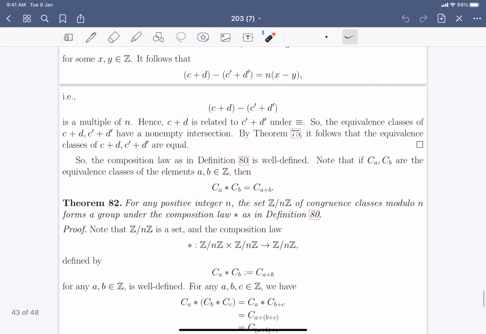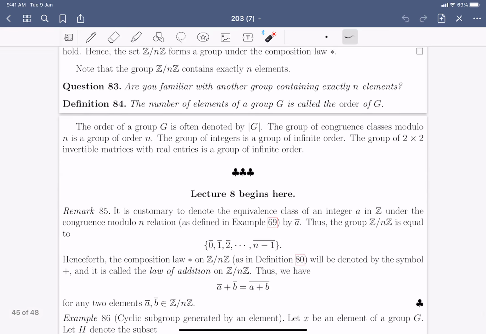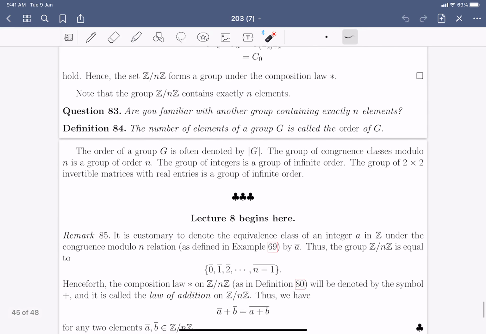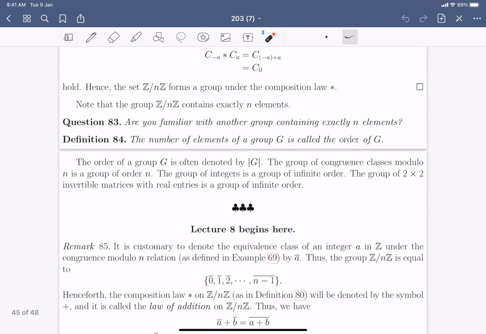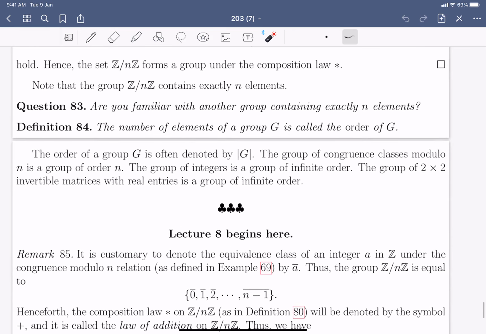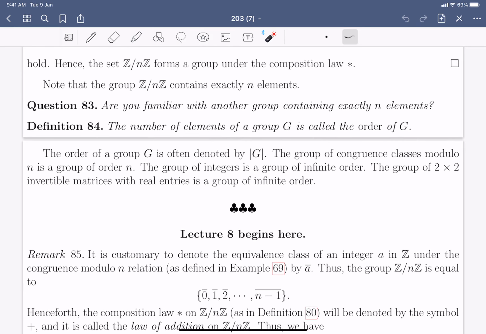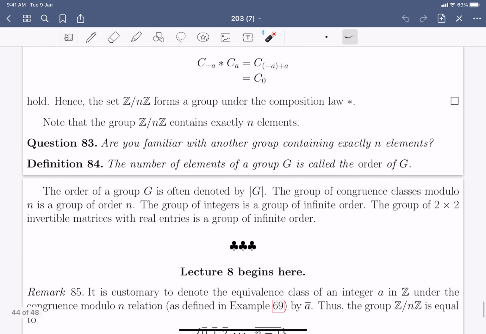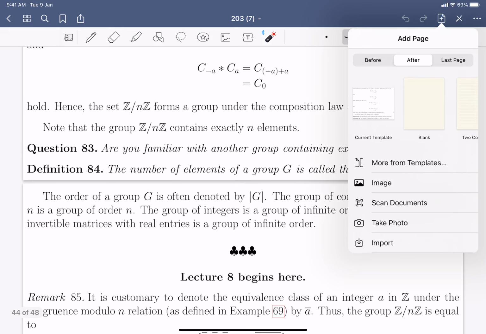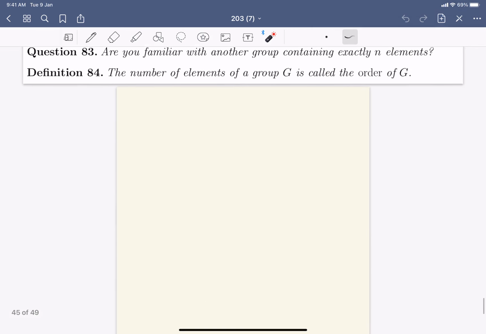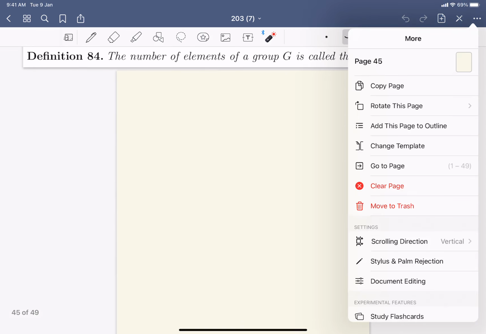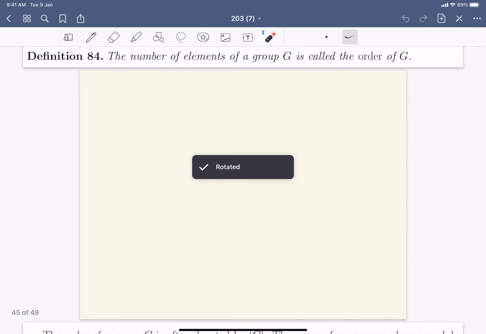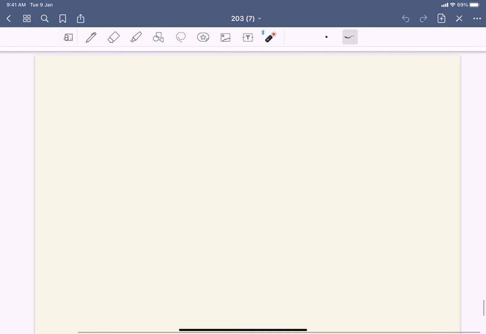Make sure that you understand it very well, or at least you understand the content that we have discussed so far, the examples and the definitions. Since Z mod nZ happens to be one of the first somewhat abstract examples of a group, let me try to spend a while on that.